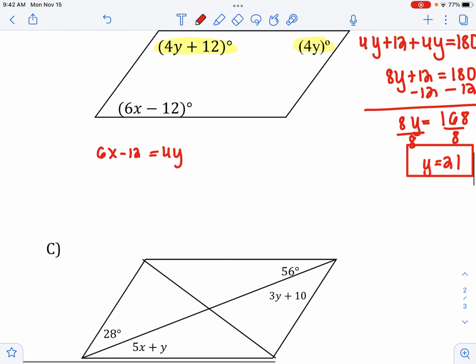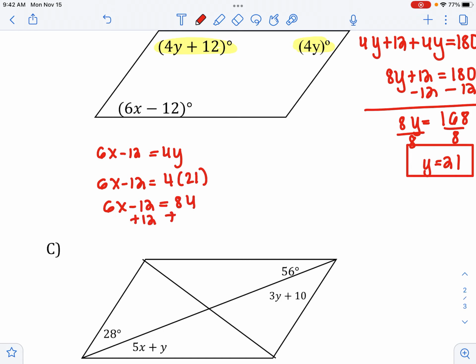And now I can use that to solve my first equation. So I'm going to do 6x minus 12 is equal to 4 times 21. 6x minus 12 is equal to 84. Add 12 to both sides. 6x is equal to 96, and then divide both sides by 6. x is equal to, 6 goes into 9 once, there's a remainder of 3, 36, 6 times.